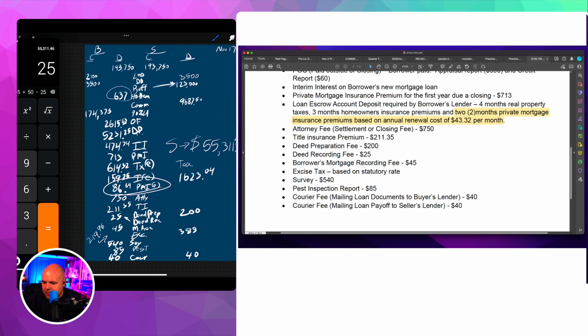I put something in wrong, so I had to come up with some quick math to make up for it. So I get, for expenses, debits, $206,198.14.